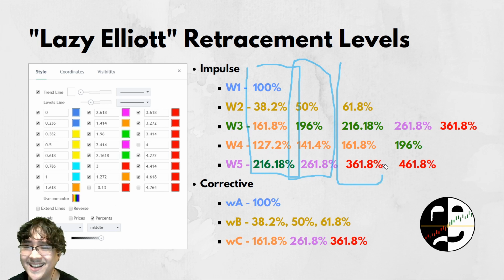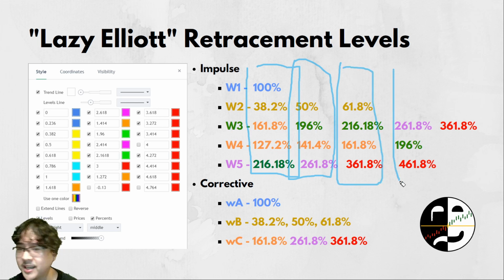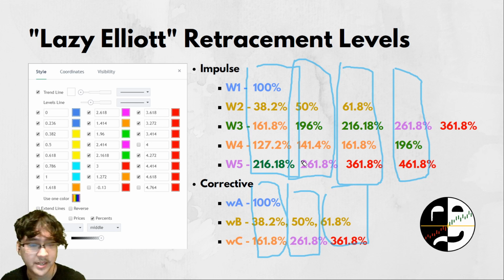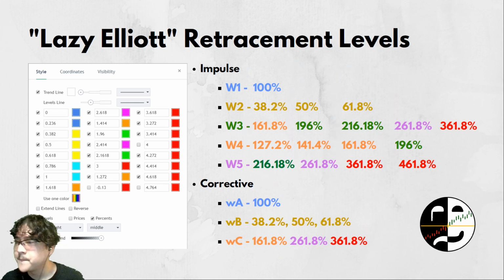So kung yung nakahilera dito, this is probably the movement of the waves for the next retracements and stuff. Ganyan. So yeah, I made it such a way na madali siya ma-memorize. And if we look at the next slide after this one, you can pause the video if you want to look at this for a bit, even though I have this on my WordPress for those who actually read it. So anyway, we're done here.